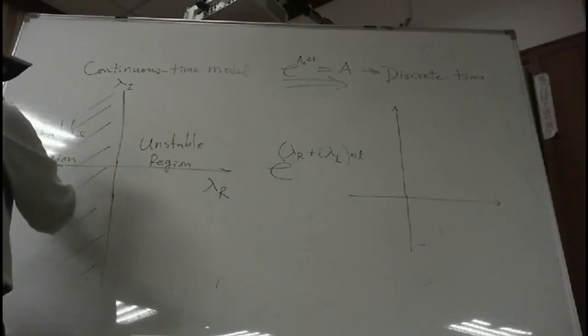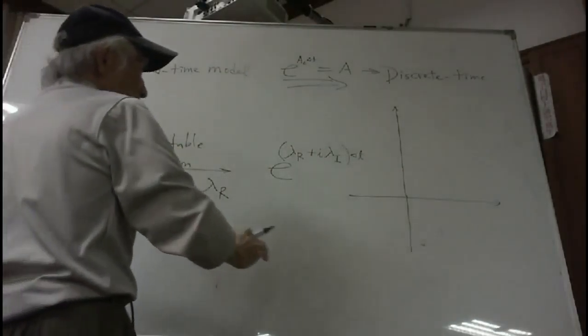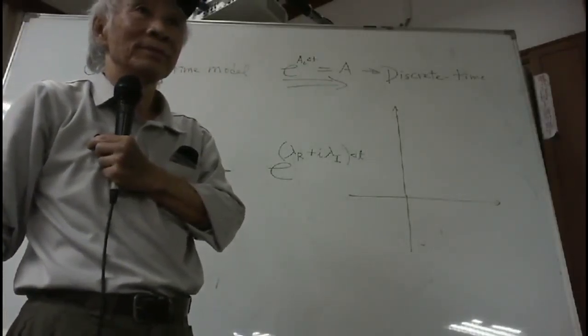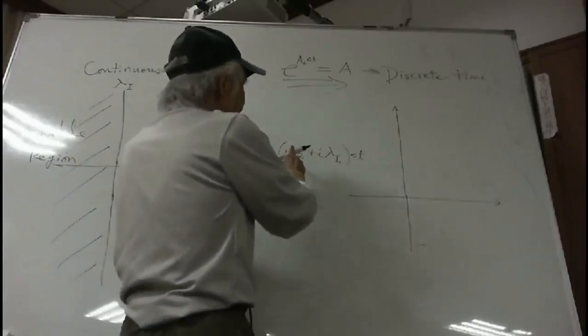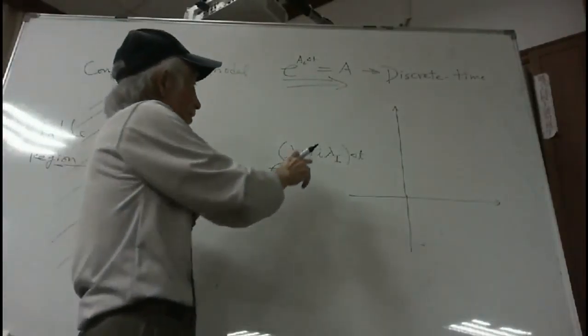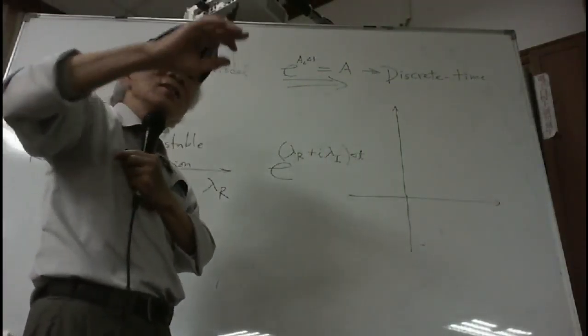After I take the exponential of this stable region, what happens? All this is negative. The i doesn't do anything, because that's sine and cosine.